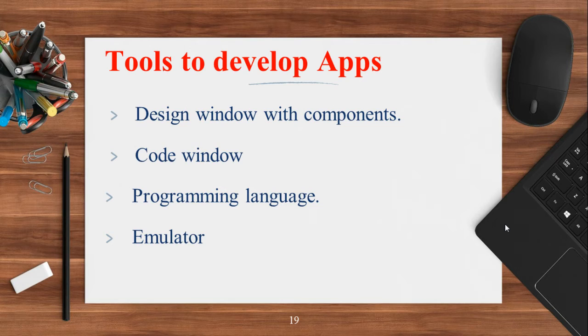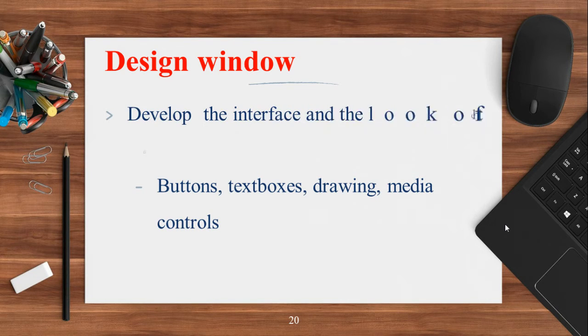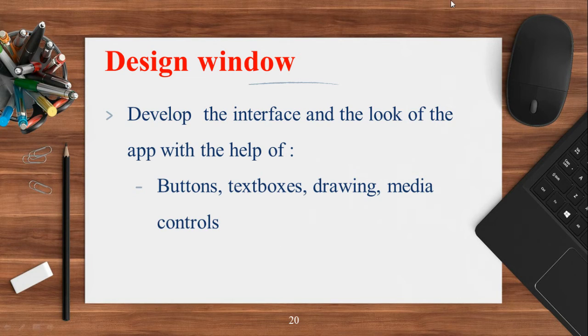Okay. Now you know what the tools used to develop applications are. Yes. So now I'm going to tell you what the design window is. You all know the purpose. Now I'm going to tell you what will be inside the design window. Once you click onto the design window, what are the things you can see inside?